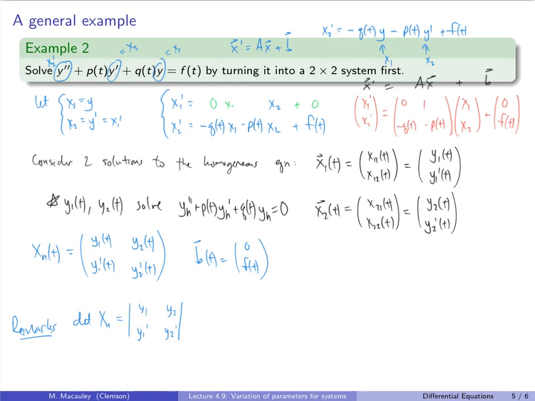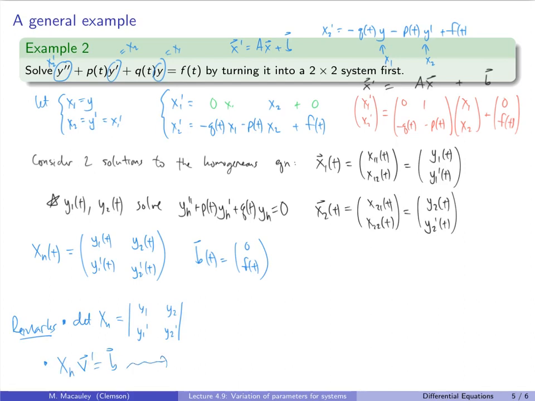So that's one remark. And another remark is that when solving this, remember how we got xh times v prime equals b? Remember that? And of course, from there, this is how we found v. We said that v prime equals xh inverse times b, and then we integrated. But let me just hold off and stop right here.